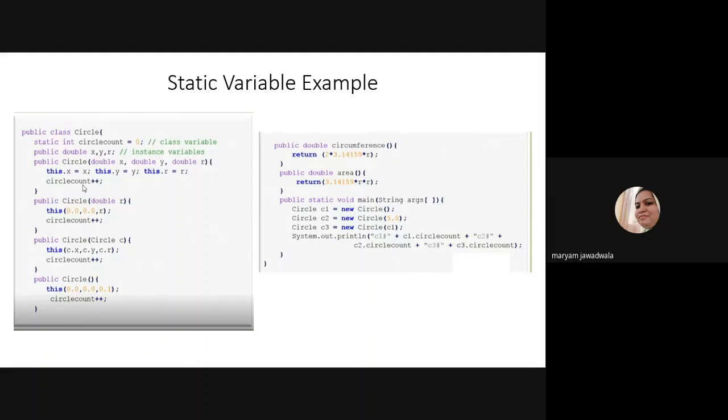So in the Circle class, we declare two different types of variables and four constructors. The first three are parameterized constructors. The last one is the constructor without parameter, or default constructor. Hope you understand this Circle class definition, all of you.